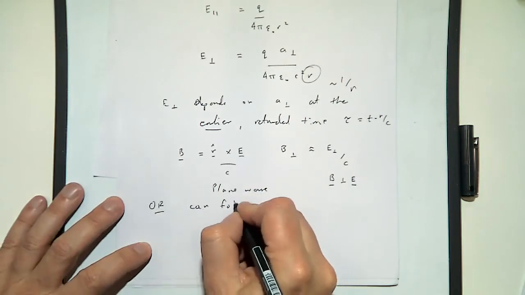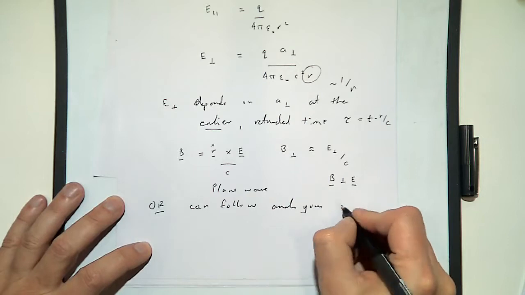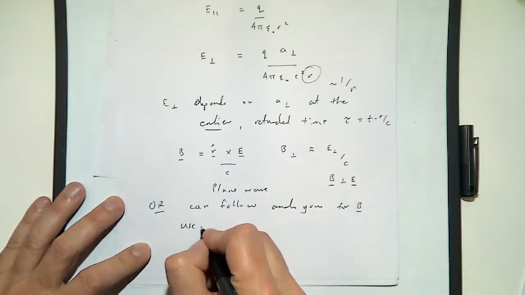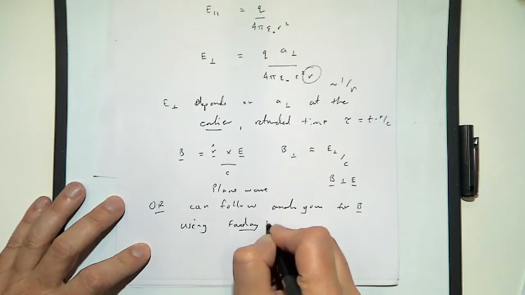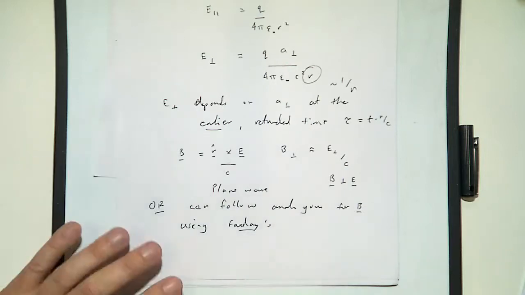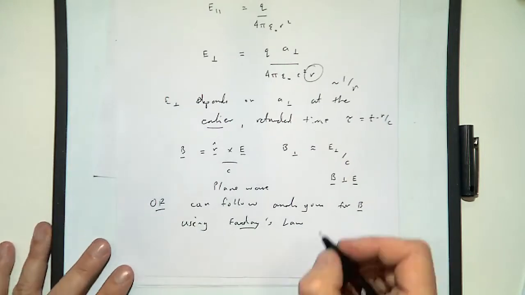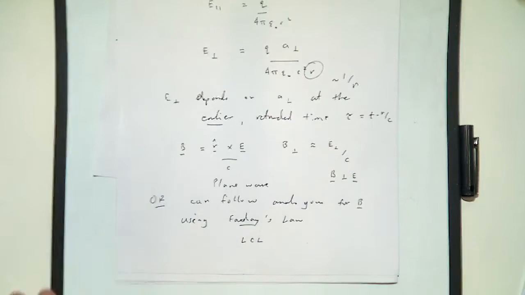You can follow the analogous argument for B by thinking about the current, and therefore you must be using Faraday's law to do this. So you imagine the charge starts moving and it generates a small current, but then when the current is changing during the acceleration period, you can obtain a solution. Okay, you can use Lorrain, Corson, and Lorrain to do that.